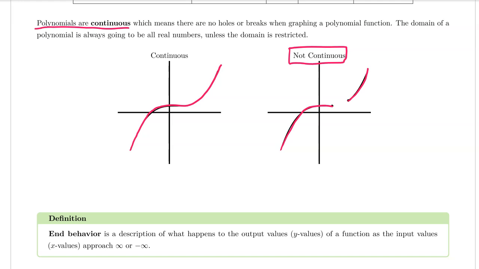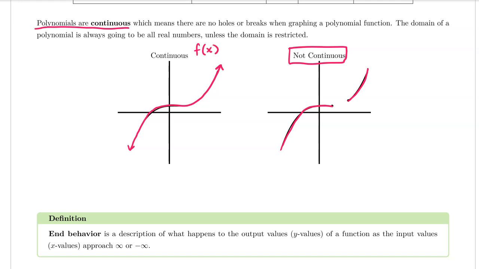Now, end behavior is a description of what happens to the output values or the y values of a function as the input values or the x values approach infinity or negative infinity. In this case, my function is going in these directions both ways, so I have these arrowheads, and suppose this function was called f of x.